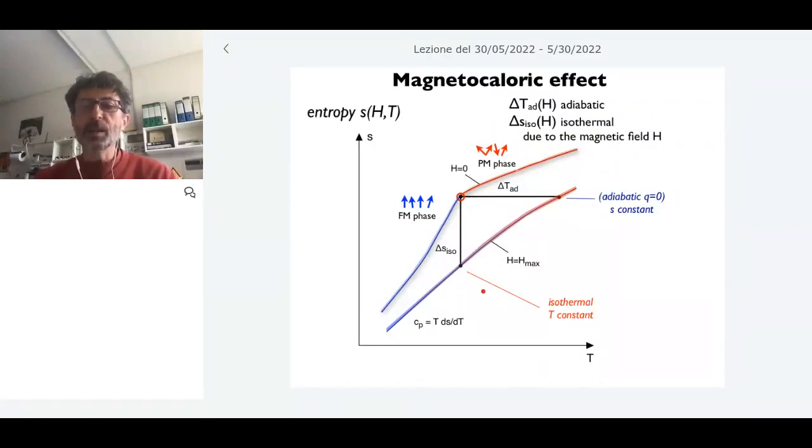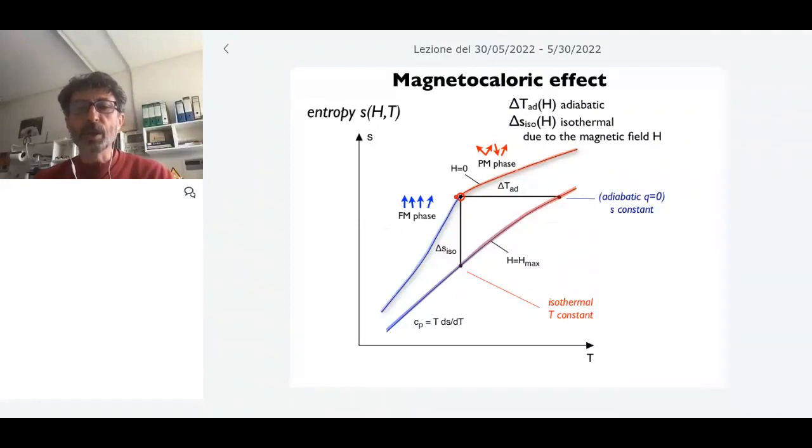If the magnetic field has an ordering effect, it means that if we start from a material which is not magnetized and we apply a magnetic field, the entropy will decrease. It will go down, corresponding to less disorder, less entropy.